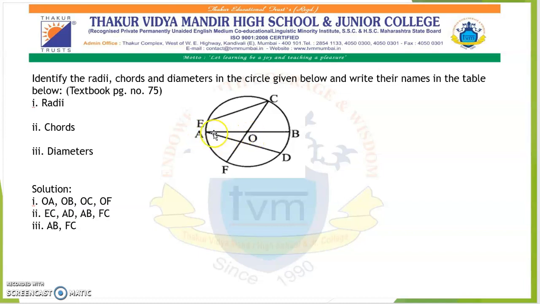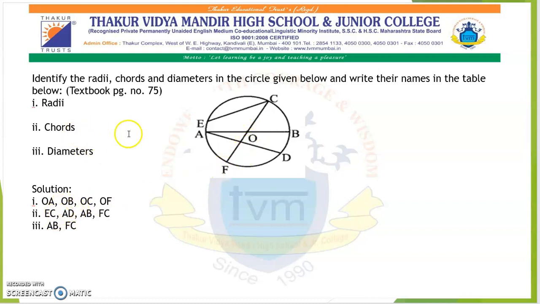Or we can say half of the diameter is also a radius. So OA, OB, OC and OF are the radius of the circle because from the center they are touching any point on the circle. So they are the radii of the circle.